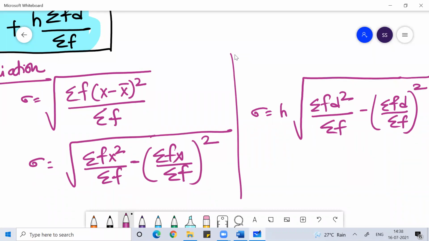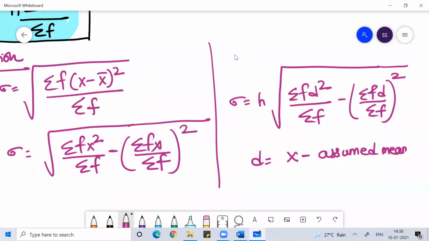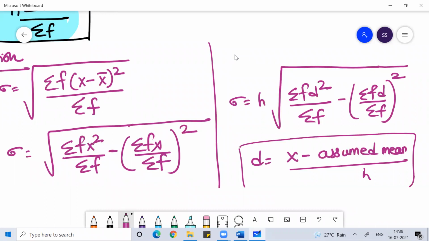Where, what is d? D is the step deviation. D is basically your x value, the class mark, minus the assumed mean, by h. That will give you the d. D means step deviation.